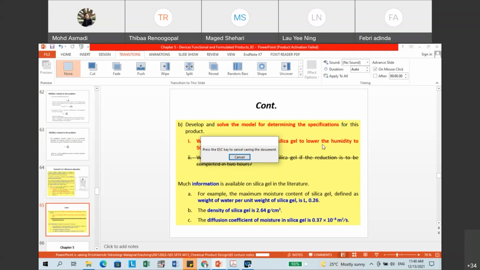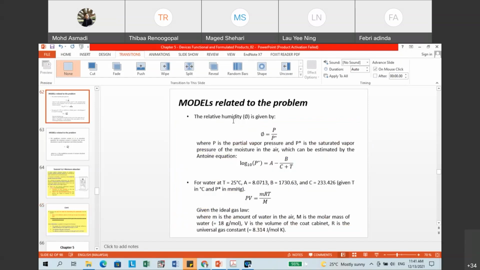If you want to determine the amount of water absorbed, meaning the minimum amount of water, we use the symbol MA. So we need the equilibrium condition. First, we have to use the relative humidity equation.